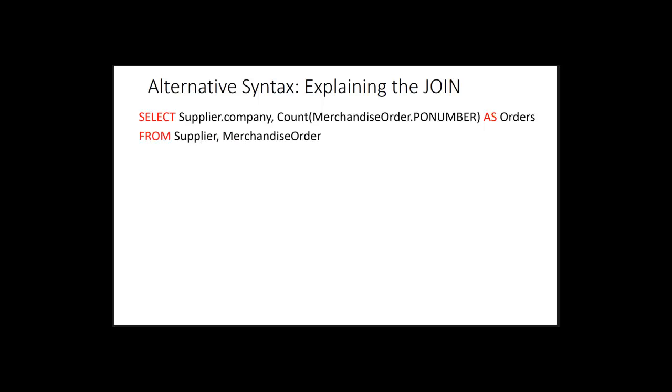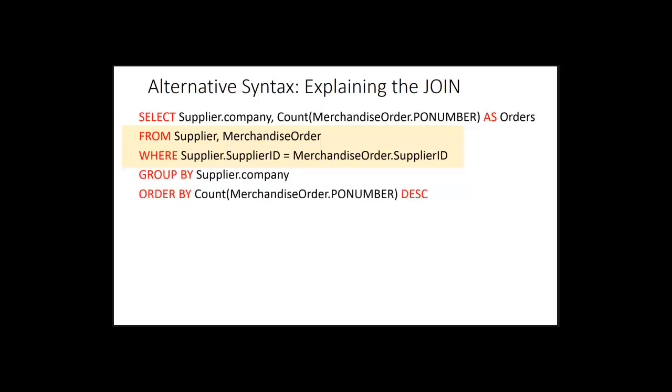Here we'll list the tables, could be two or more than two, and then those primary keys that should be equal, they go to the where statement: where supplier ID equals, in supplier table and merchandise order table. And then the rest of the query. Group by supplier company, and then sort it and show the top one.